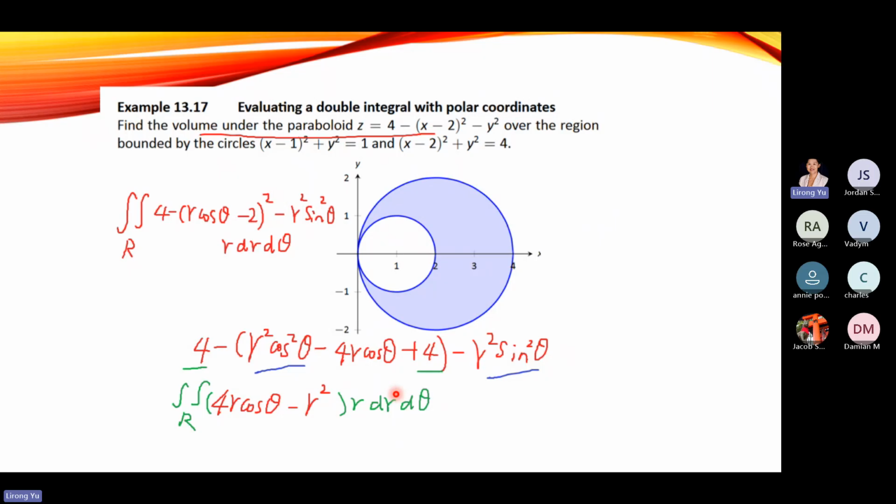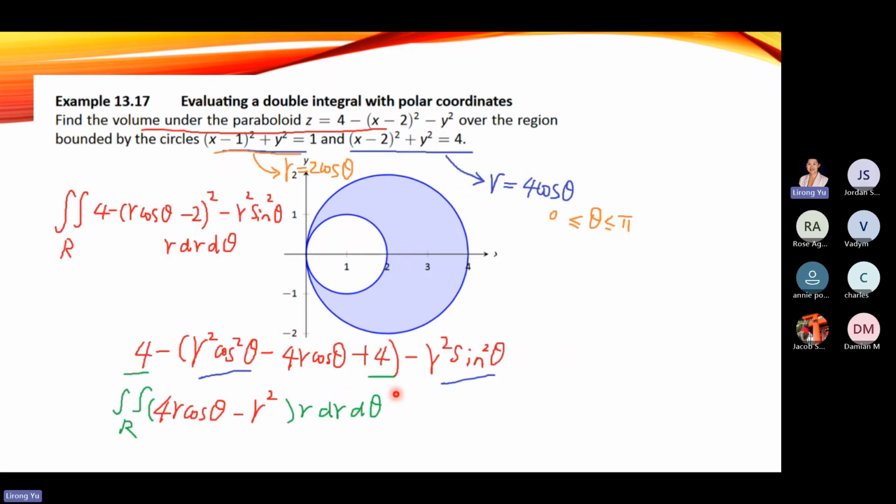After changing the integration function, now we have to determine the integration limits. How do we determine them? I was talking about this representation. The polar representation of this one is r equal to 2 times cosine theta, and of that one is r equal to cosine theta. If you wonder how we come up with that, you can do r cosine theta minus 1 squared plus r sine theta squared.